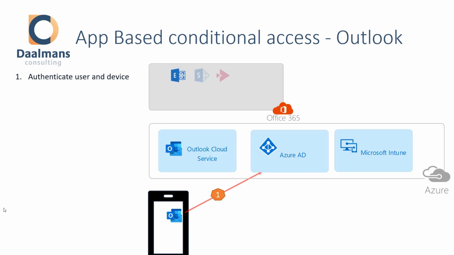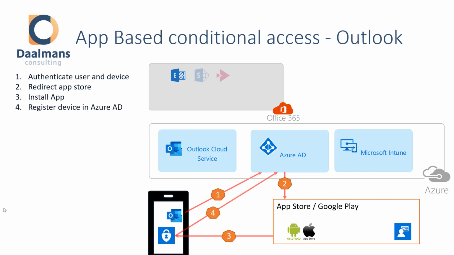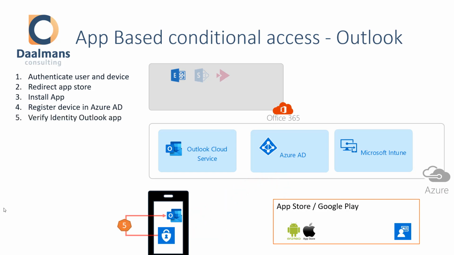So the user authenticates in the Outlook app towards Azure AD. And the user is automatically redirected to the App Store to install the Authenticator app. This is done. The user registers the device in Azure AD, so we know what kind of device it is. It's not being completely managed.